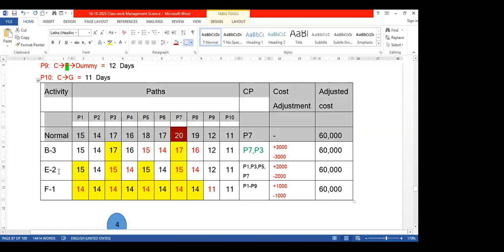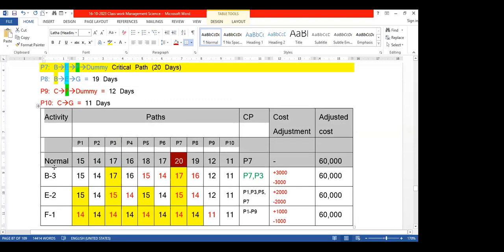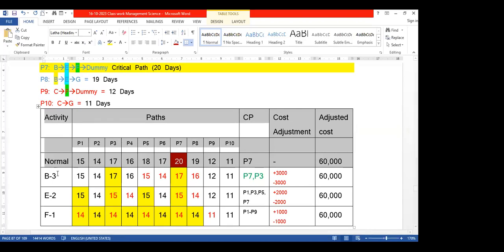For the minimum cost, unlike the minimum duration where we start with the non-critical activities, here we have to start with the critical activities. Okay. So think about it: B, E, and F.